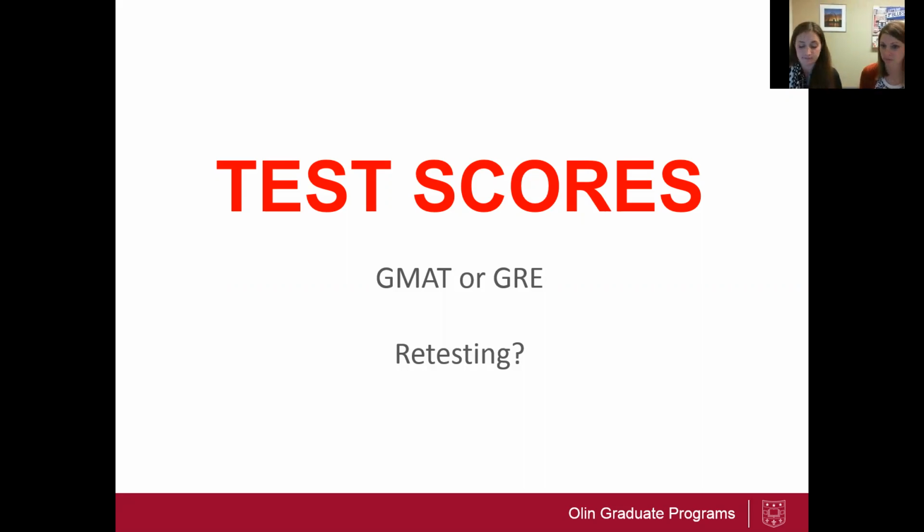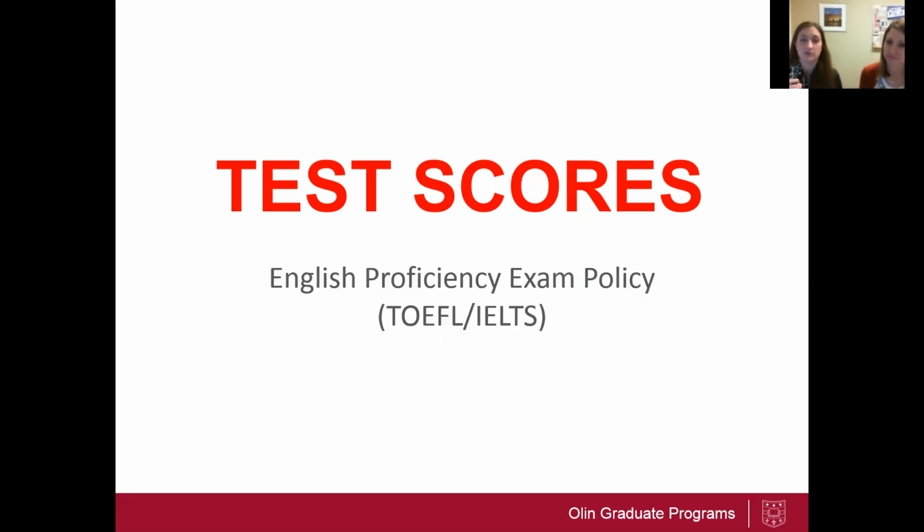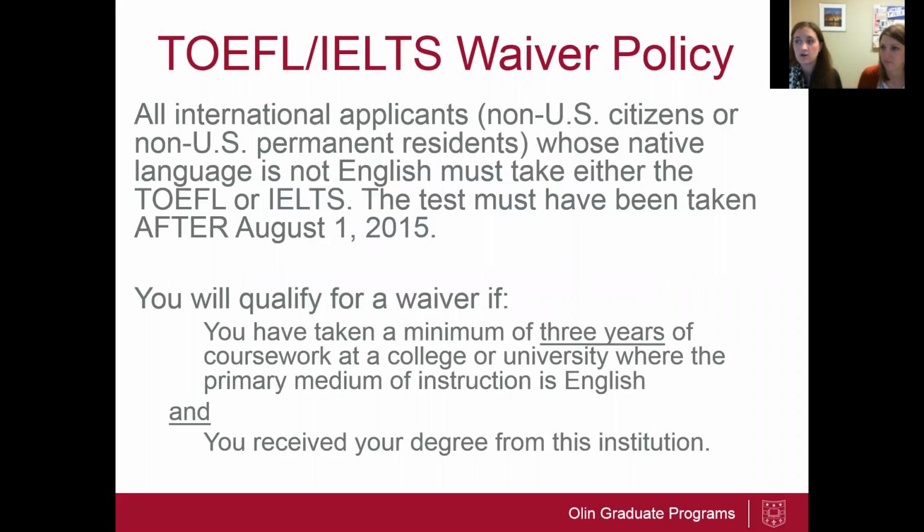So the other component of test scores for international students is the English proficiency exam. We do accept either the TOEFL or the IELTS exam for English proficiency. So this is our policy about the TOEFL. I know there's a lot of words on here, so I'm going to try to make it easy. We're going to talk about it in two parts.